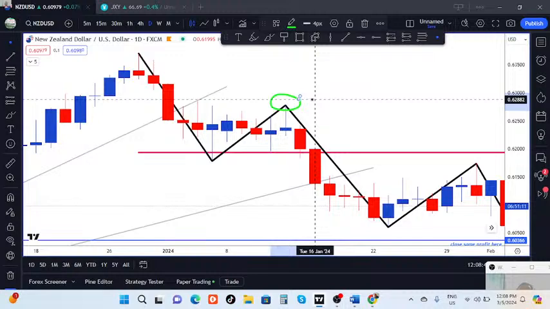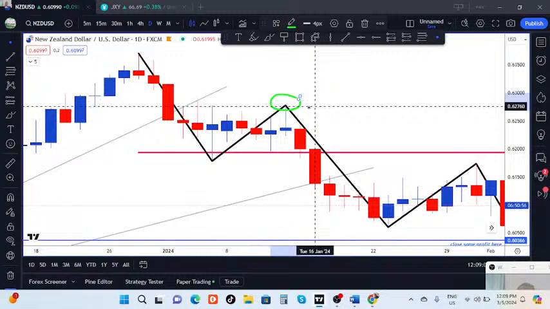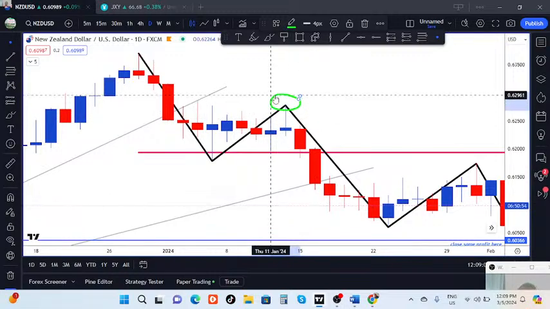But let's not forget, we are looking for a downtrend where the highs and lows are relevant. Okay, so these highs and lows that are relevant, we want to see a short-term trade in these highs and lows that are relevant. Yes, a short-term trade.